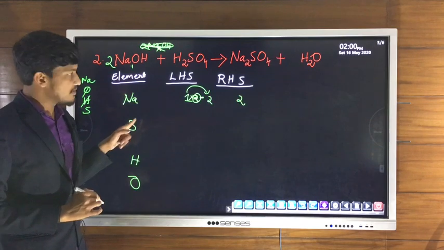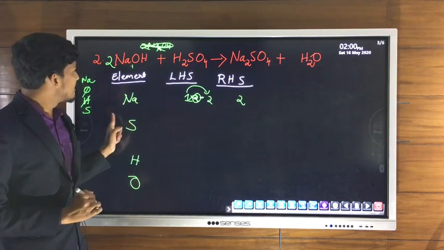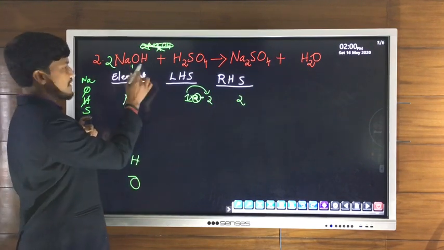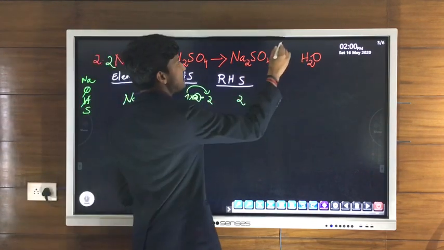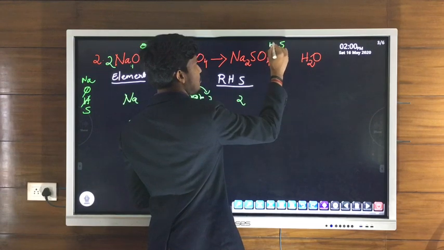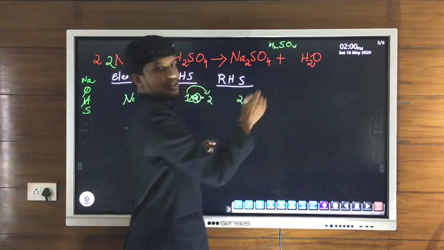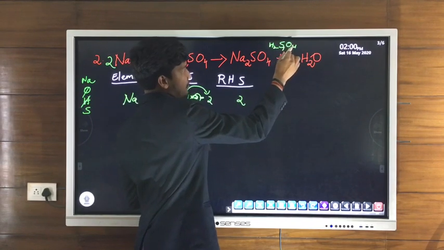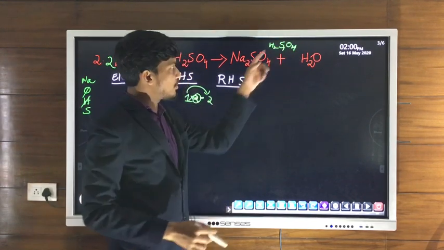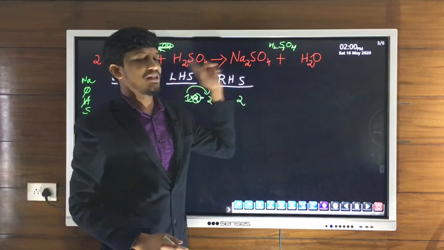Sodium is balanced, now sulfur. Sulfur atoms on the LHS: in NaOH no sulfur, but in H2SO4 yes. So the number of sulfur atoms will be 1, with 4 oxygen atoms and 1 sulfur atom.